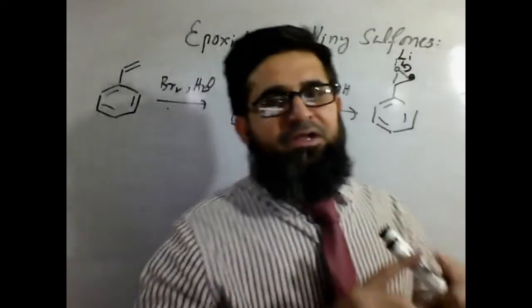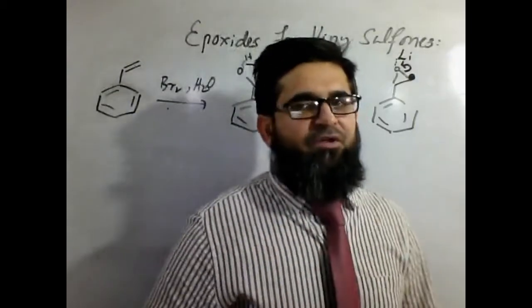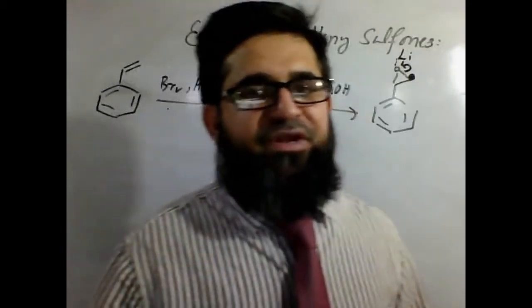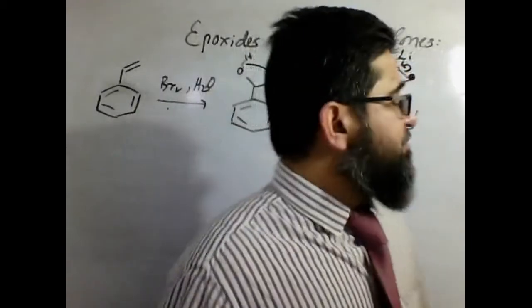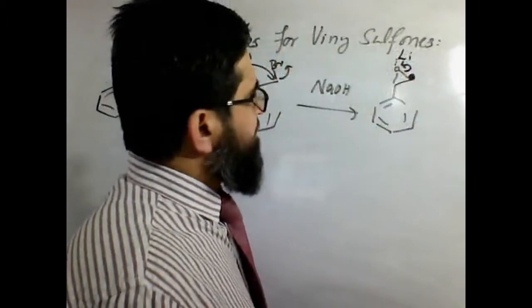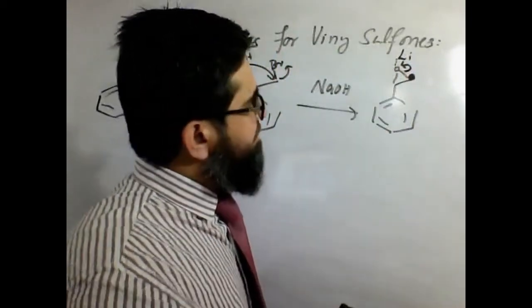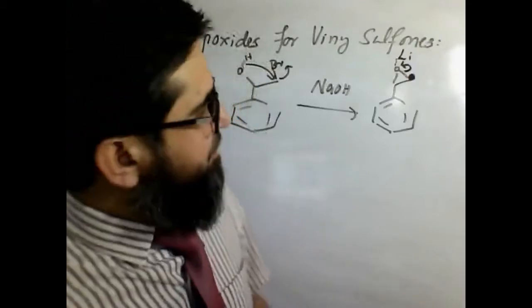The ring will open, and opening of the ring lays the foundation for the formation of vinyl groups. Those subsequently will be used in the preparation of vinyl sulfone based dyes. So this is one of the examples.